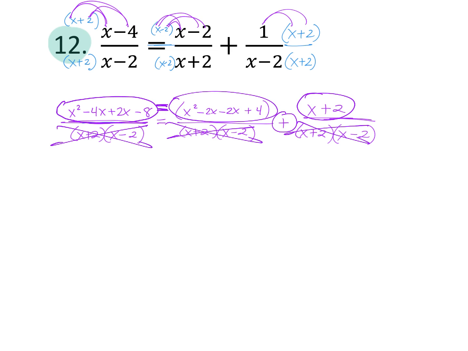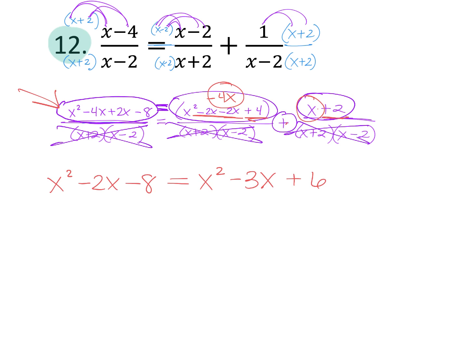So I'm going to take this one, x squared minus 2x minus 8 equals, now combine this, x squared, this is minus 4x plus x, so minus 3x when I combine those two. And then 4 plus 2 is plus 6. And now it's just solve for x.